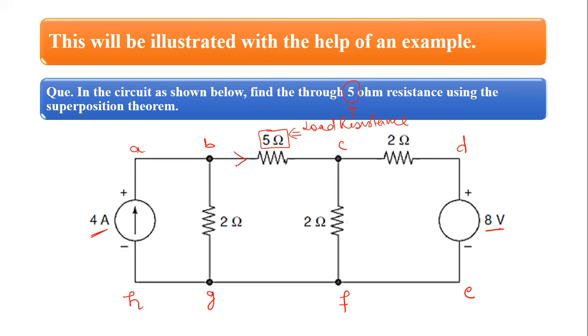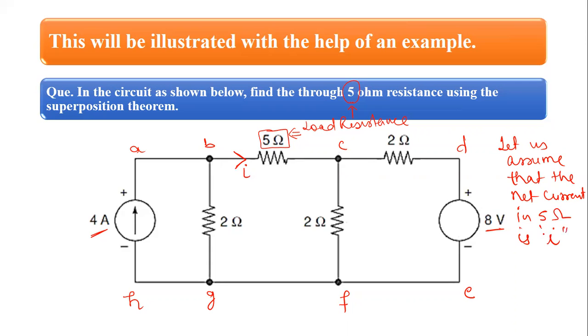Let us assume that the net current in 5 ohm is I, and its direction is from B to C. This is purely an assumption, right?